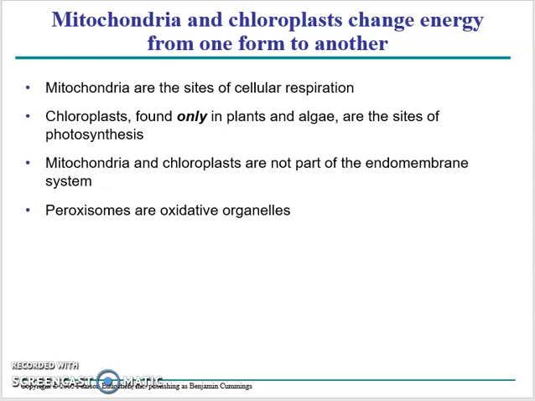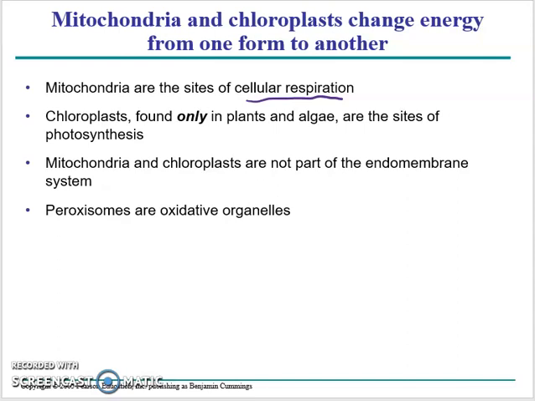So mitochondria are the sites of what we call cellular respiration. Now, I know this may be a new concept to you. If you've had biology last time in high school, it's probably long forgotten because it is a little bit complicated.